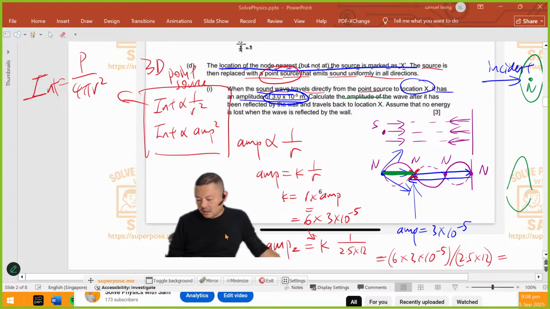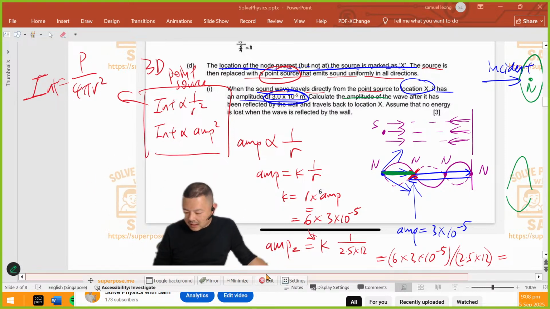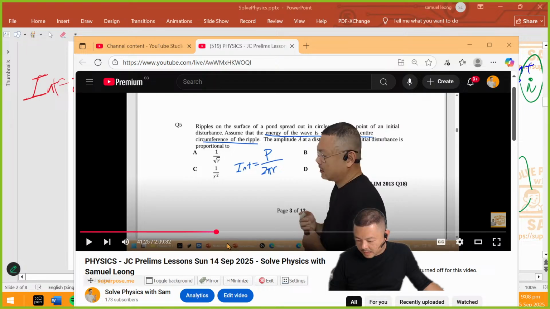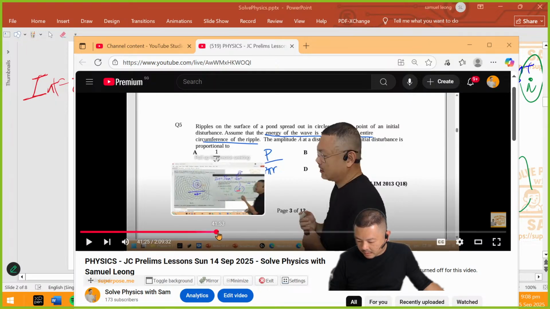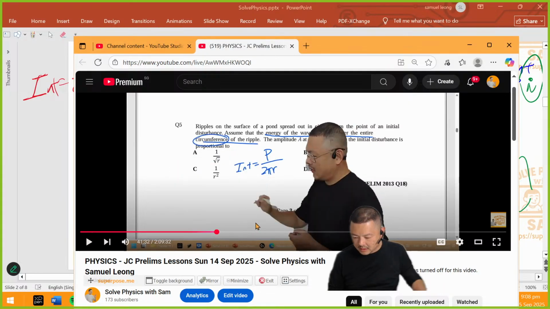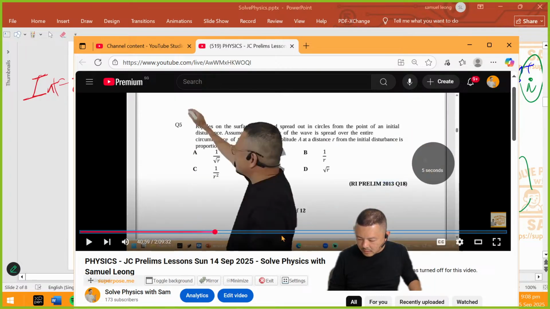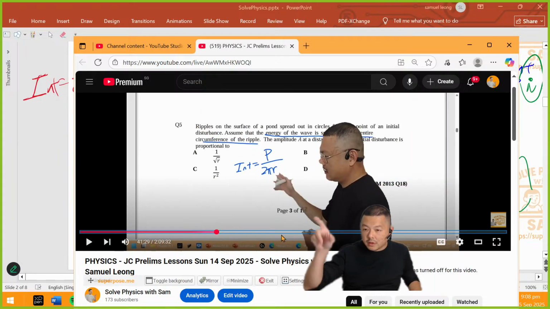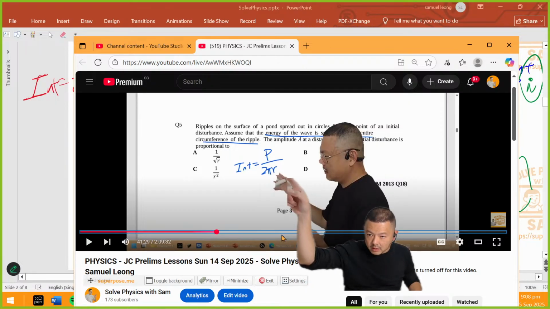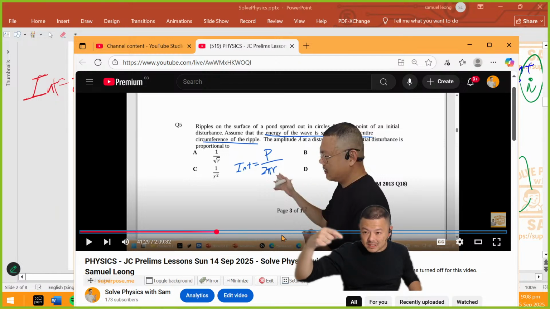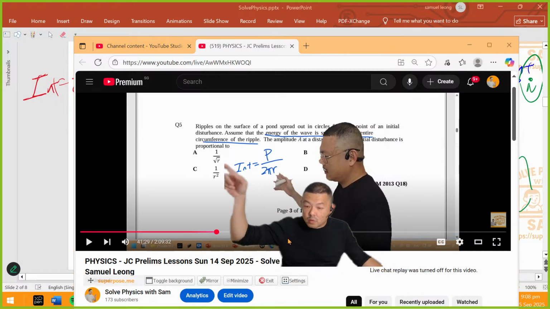So for that particular question, just in case you've got time to look at it, it turns out that if the intensity is inversely proportional to 2 pi r, then the amplitude is proportional to 1 over root r.